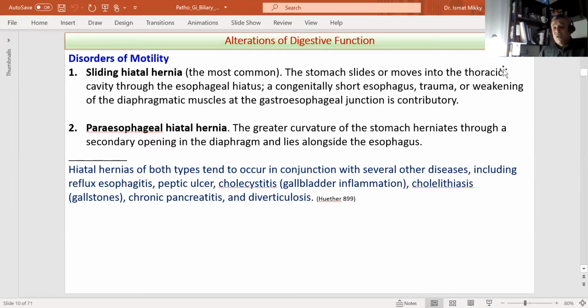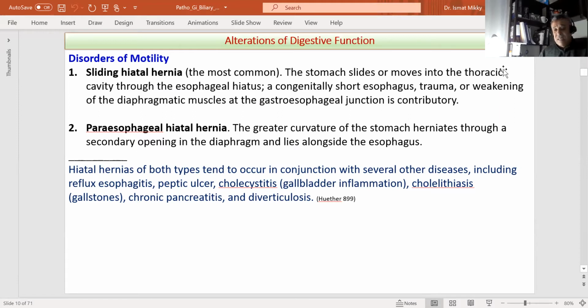All of these factors will accentuate or may make the hiatal hernia, the sliding type, more severe or more heightened. So these are contributing factors that will accentuate the hernia, like coughing, bending, wearing tight clothes, ascites, obesity, pregnancy.